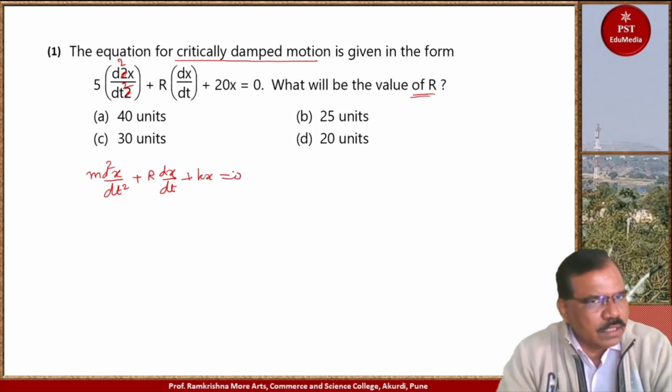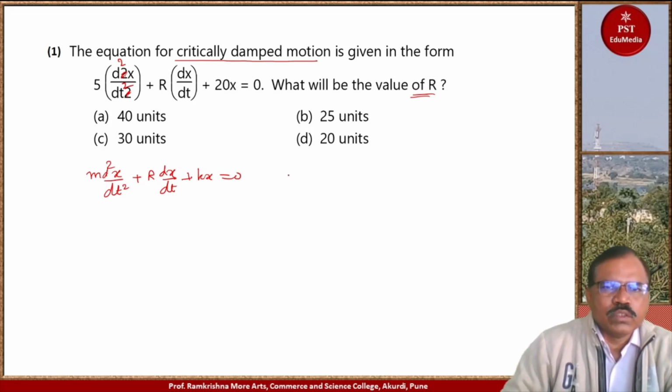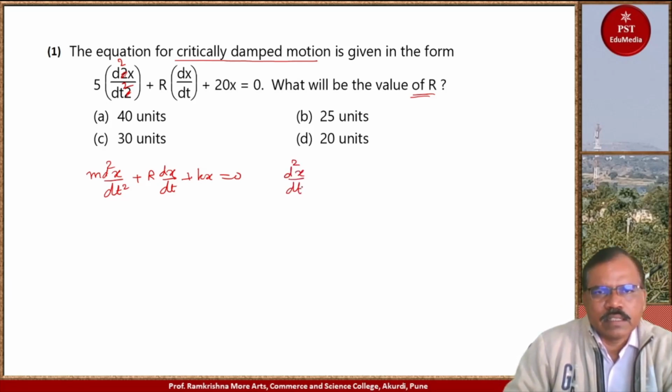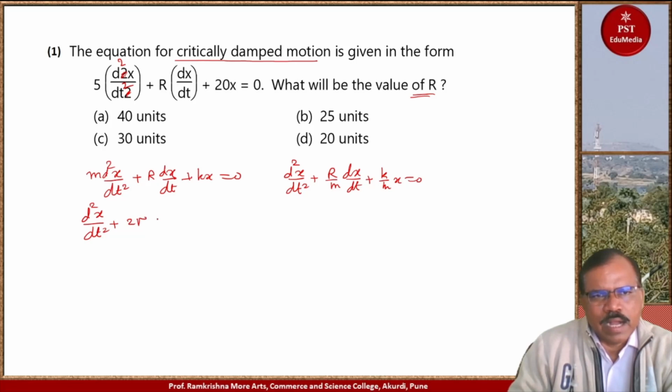We know this is a differential equation. So you can write this as d2x by dt square plus r upon m dx by dt plus k by m into x is equal to 0, or d2x by dt square plus 2 gamma dx by dt plus omega 0 square x is equal to 0.